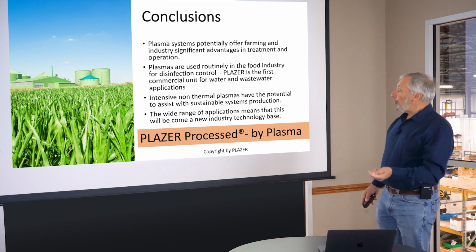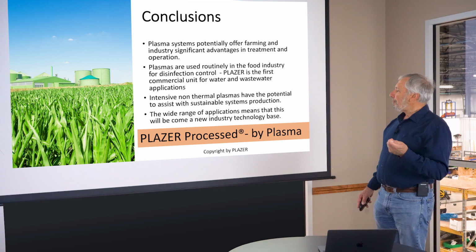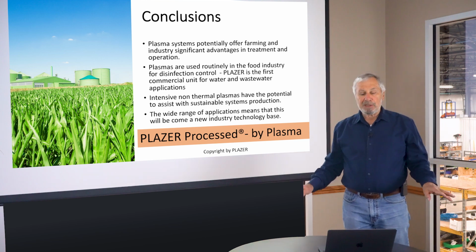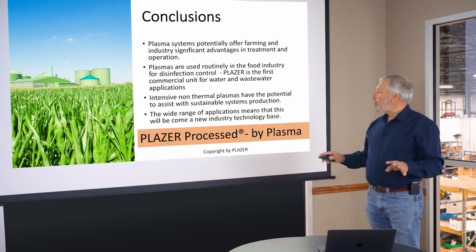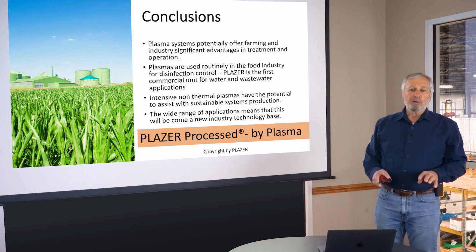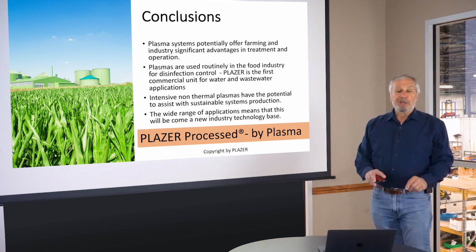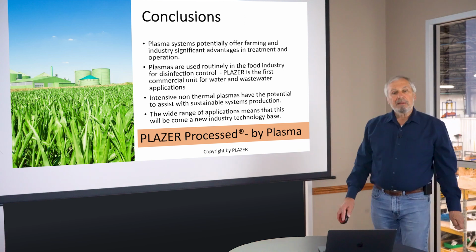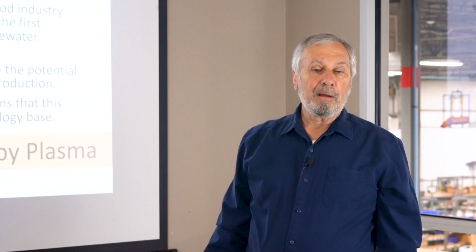Intensive non-thermal plasmas have the potential to assist with sustainable systems production, and the whole basis of this means that it is potentially a new industry technology base which is going to change the world. I'd like to say, if it's Plazer processed, then it's going to be part of the new revolution of sustainable operations.